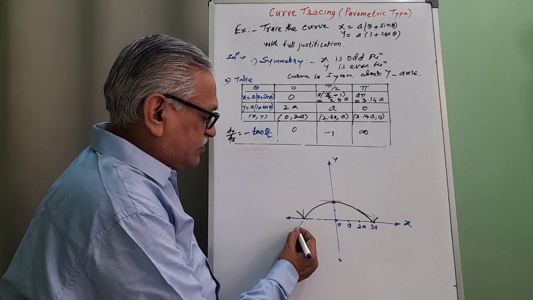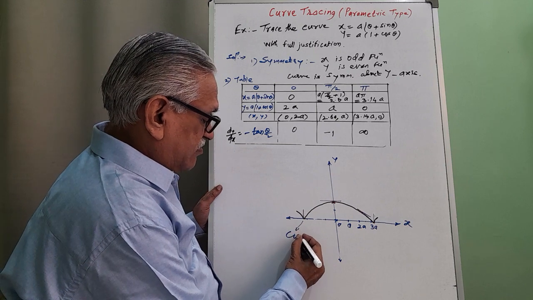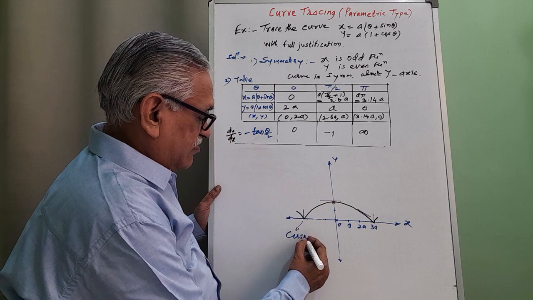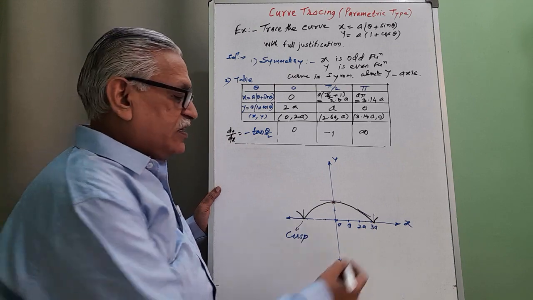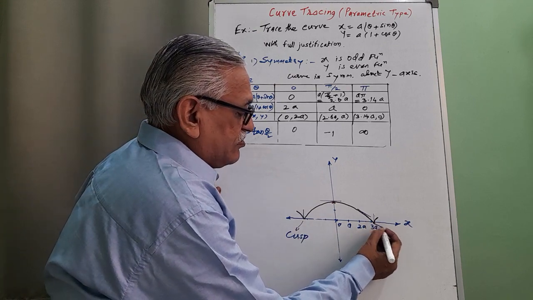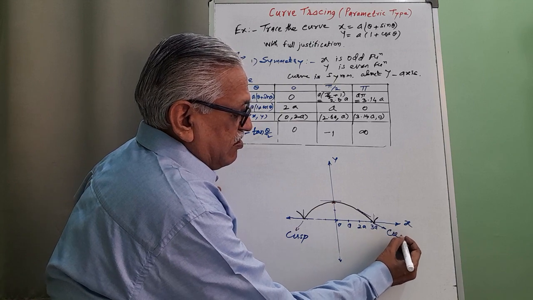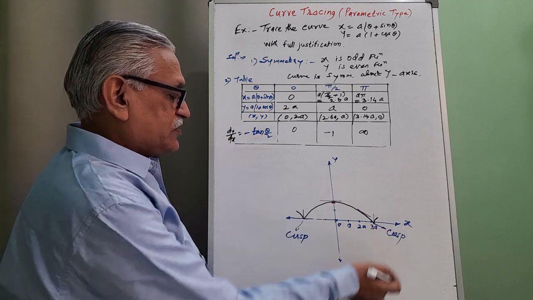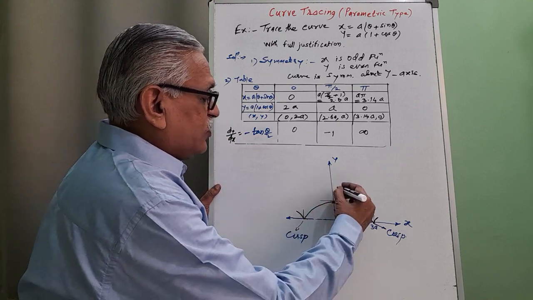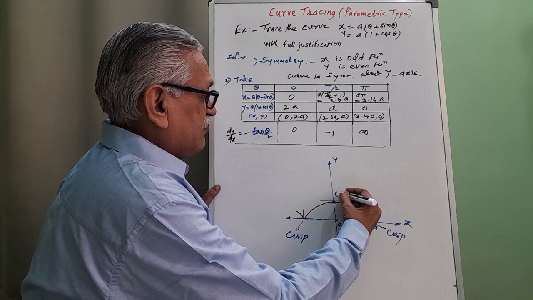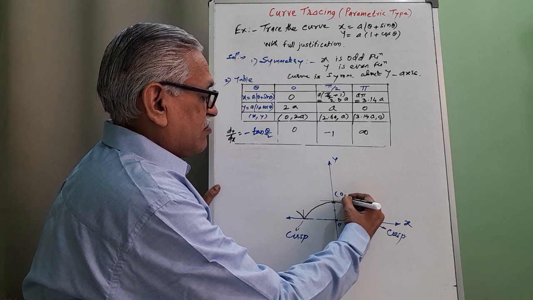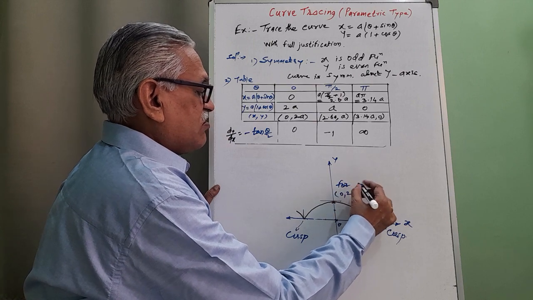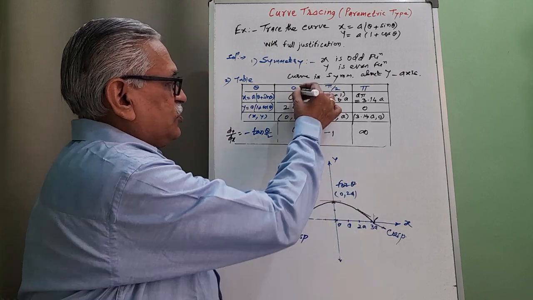That point is called a cusp. First cusp point. This is another cusp point. This cycloid exists between two consecutive cusps. This point is 0, a for theta equal to 0.